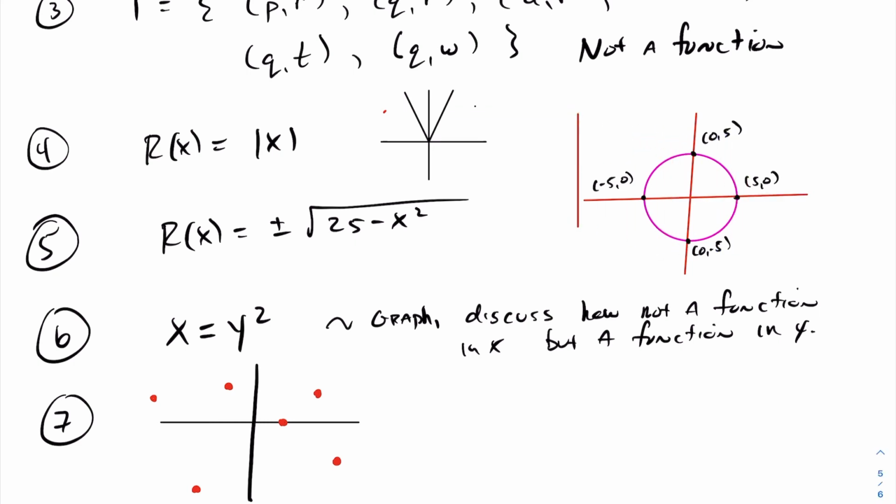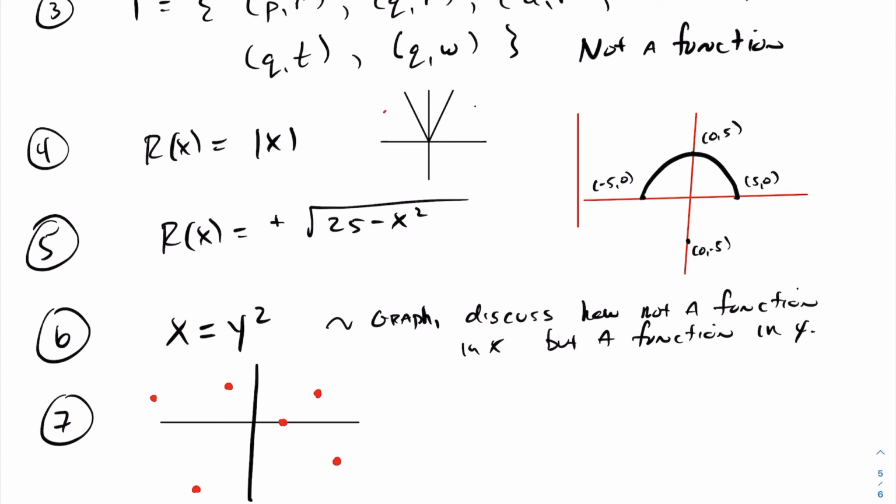Now notice, if they had omitted the plus or minus: because of the plus or minus, you have the top half of the circle and the bottom half of the circle. If I took this exact same question and deleted the minus sign, so we just had a plus, then your circle would not look like this. Your circle would only have the top half colored in, and in which case that would in fact be a function.